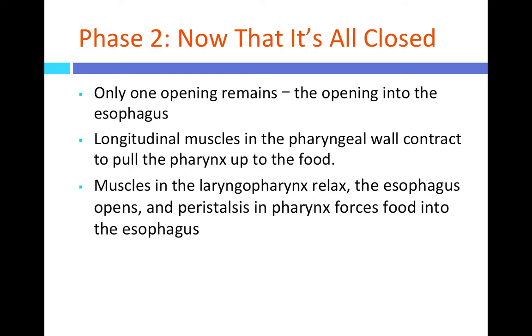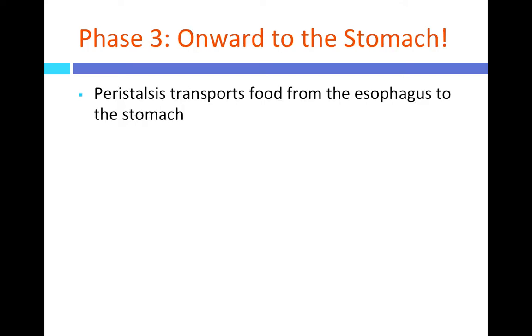They're going to pull the pharynx upward towards the food, and the muscles ahead of that are going to relax so that the esophagus can open, and peristalsis is going to force food into the esophagus. Lastly, once the food has passed into the esophagus, peristalsis is going to transport this food into the stomach along the length of the esophagus.